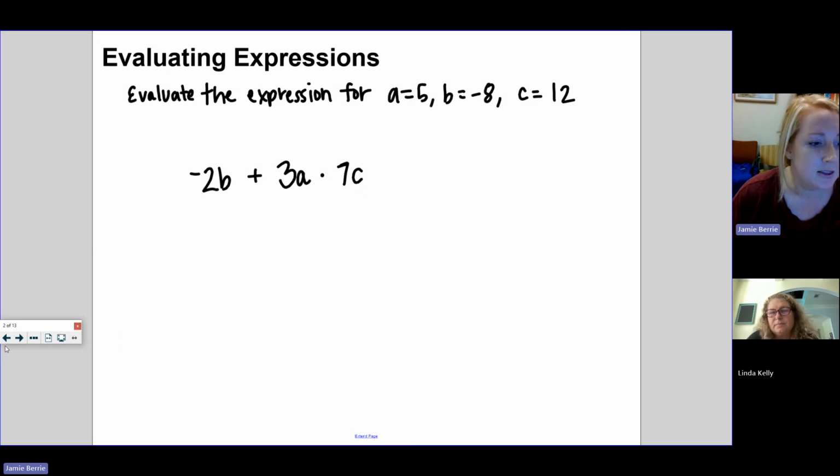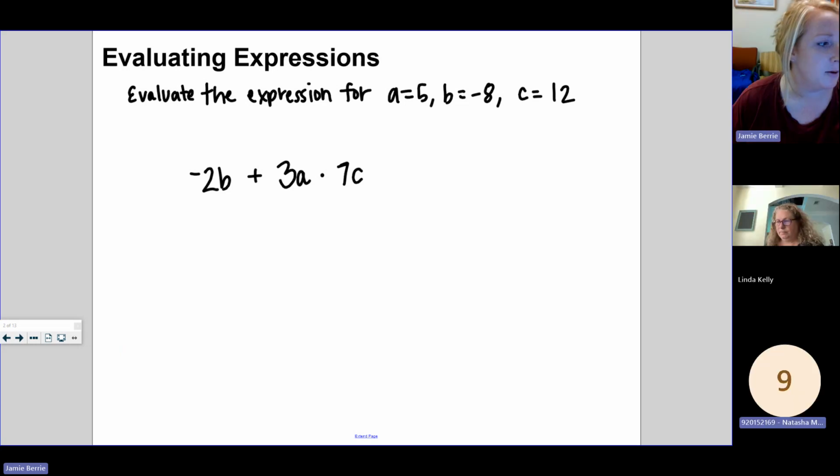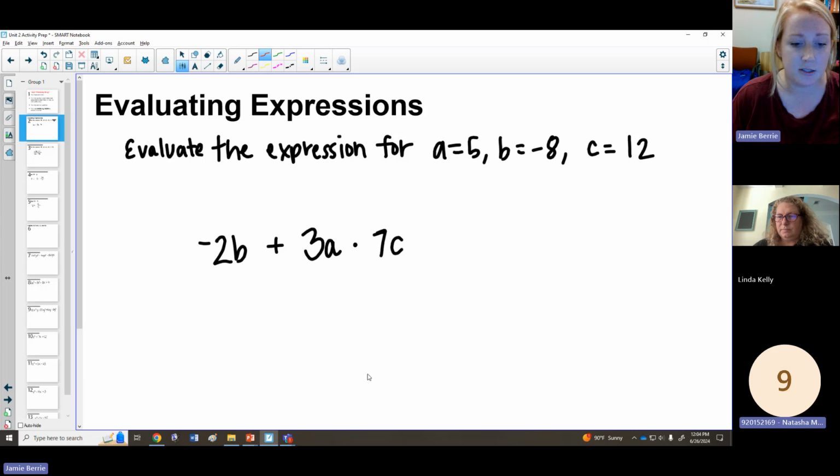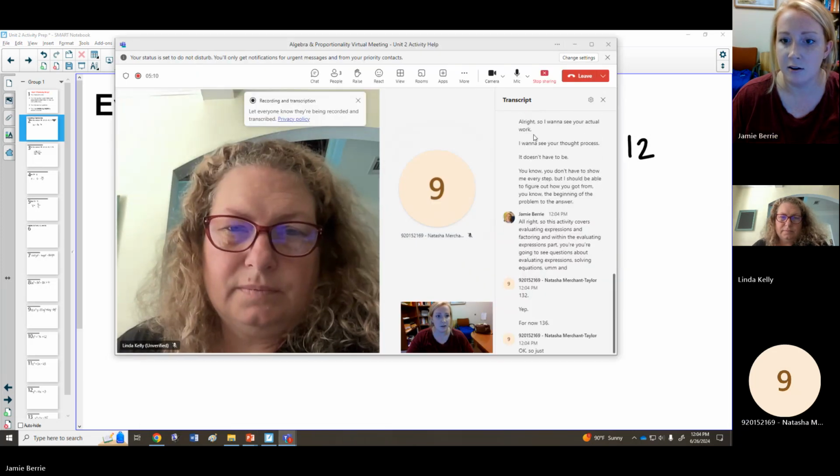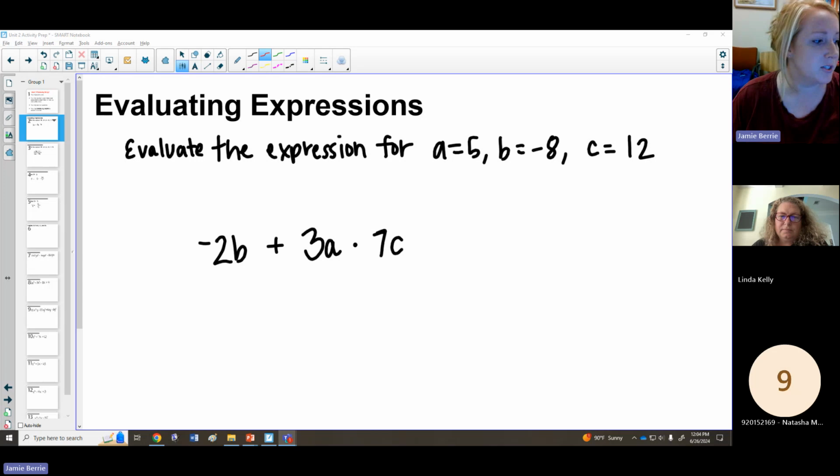All right, so this activity covers evaluating expressions and factoring. Within the evaluating expressions part, you're going to see questions about evaluating expressions, solving equations, and you'll also see factoring.